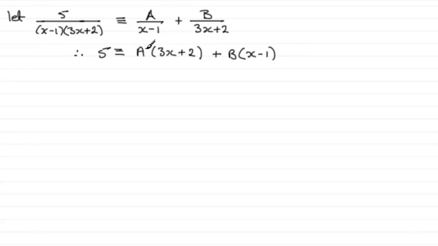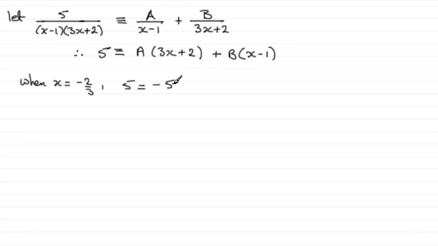Now we need to work out a and b, and we can do this by making either this bracket 0 or this bracket 0. And if we were to make this bracket 0, we would let x equal minus 2/3. So when x equals minus 2/3, we end up with 5 equaling, well, this bracket goes to 0, so a times 0 is 0, but over here, minus 2/3 minus 1 is minus 5/3.